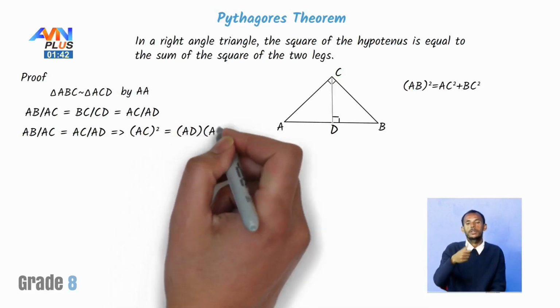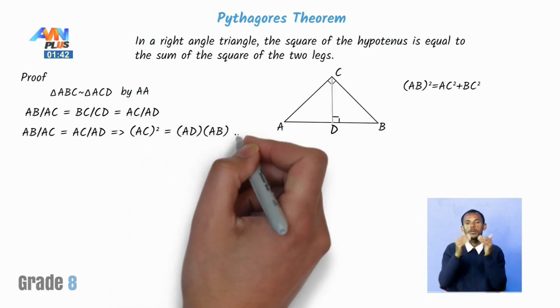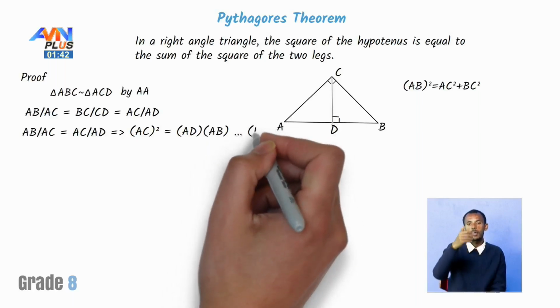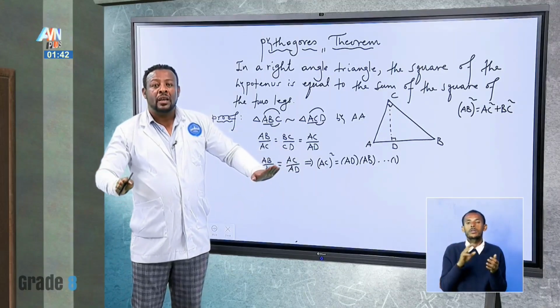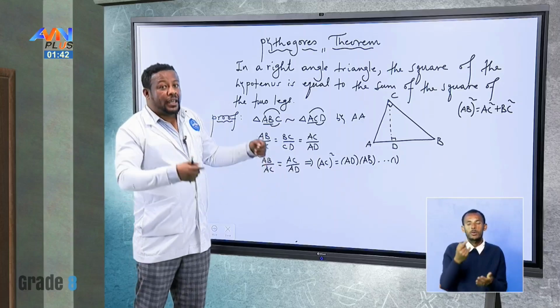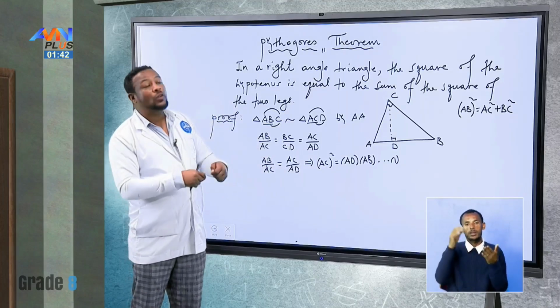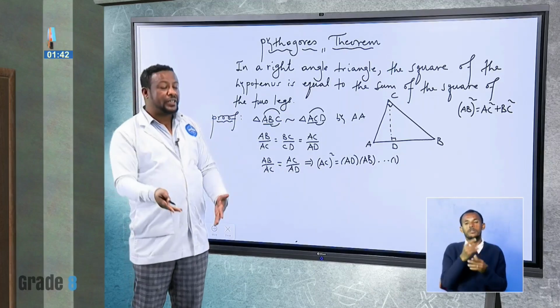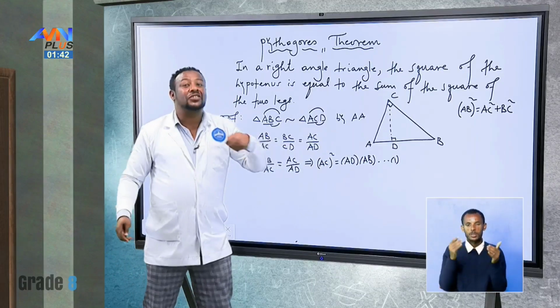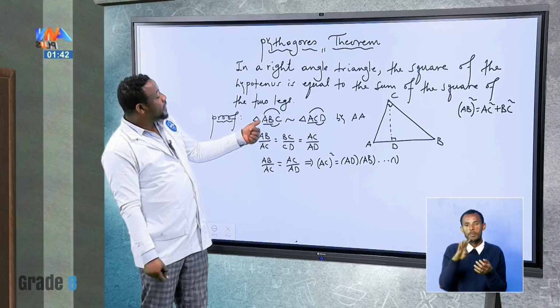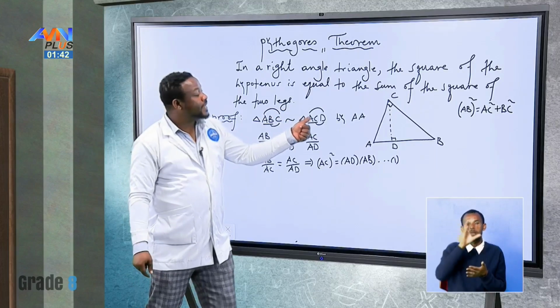This is equation 1. You might know this from Euclid's theorem, but we need it to prove the formula in the Pythagorean theorem. This equation is derived from the similarity of ABC and ACD.